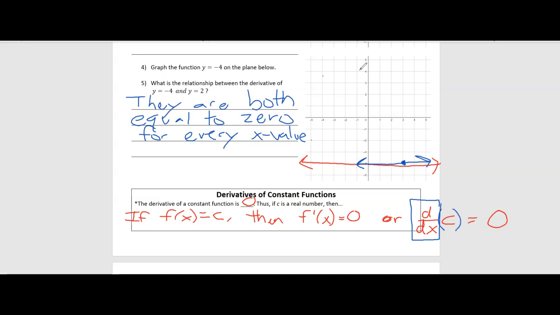So if we take the derivative of c, which is essentially f of x, that derivative is going to be equal to 0. Okay, so again, there's other derivative notation that we'll get to, but for now, we have y prime, we have f prime, and we have d dx. Okay, let's move down to linear functions.